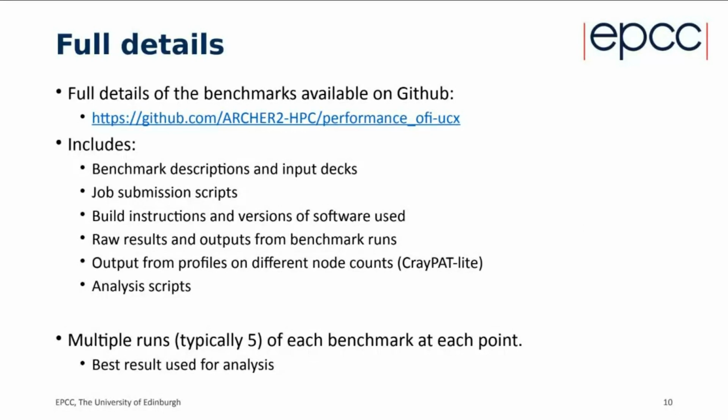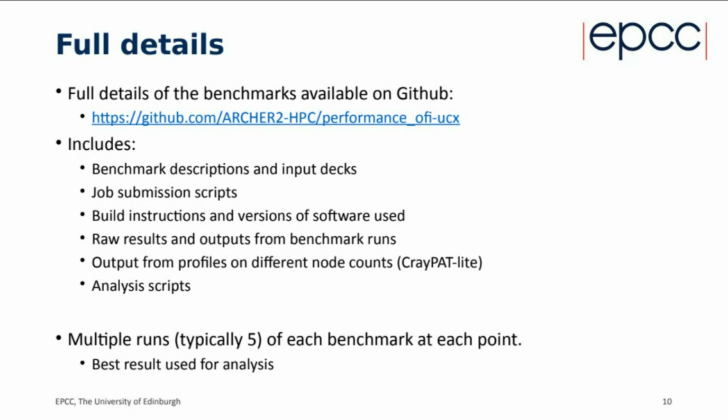It includes the description, the input decks, the job submission scripts, build instructions, the versions of software, the raw results and outputs, and output from some profiles we ran on different node counts using the Cray MPICH Lite profiling software, and the analysis scripts.